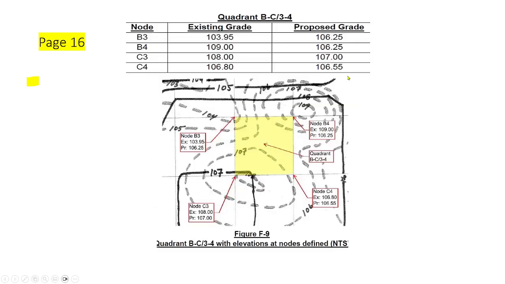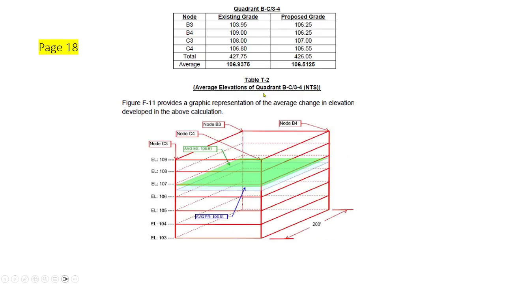So this is where we were, and this was their interpolating. But we got a little bit closer, we think, here, and they're trying to show you a 3D of this cut that we have. Here's proposed blue, and it's average existing 106.91, and that's pretty close to what we got back, very close.